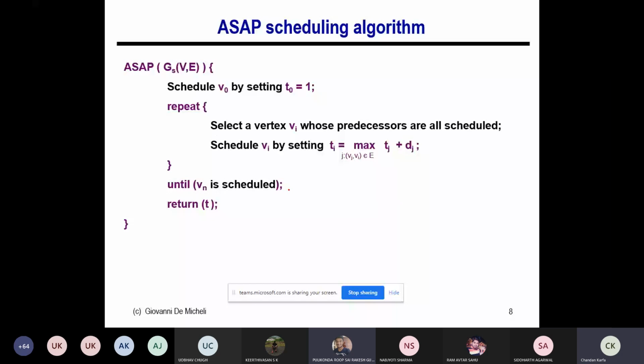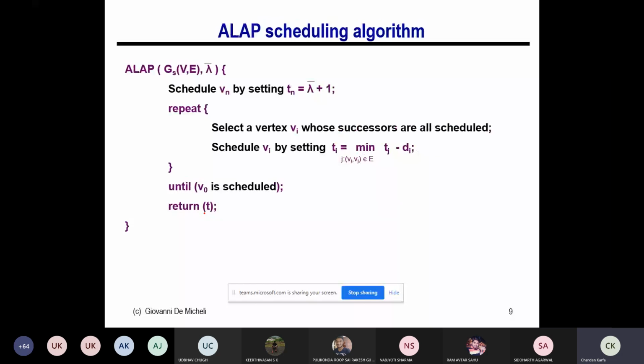No, ASAP does not take lambda as input, right? It takes a graph and it will return you the lambda. So it is basically unique for a graph. Given a graph, every time you run it, it will give you the same values for all T1, T2 for every node. But for ALAP, I am giving the input lambda bar also, right?